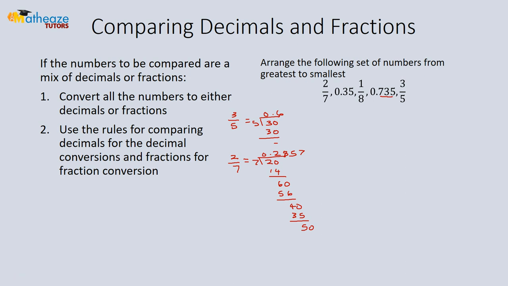And then let's take a look at 1 over 8, 1, 8, 0 point. You put a 10 here. You got 1. This is going to give us 8, 20, 2, 16, 4.